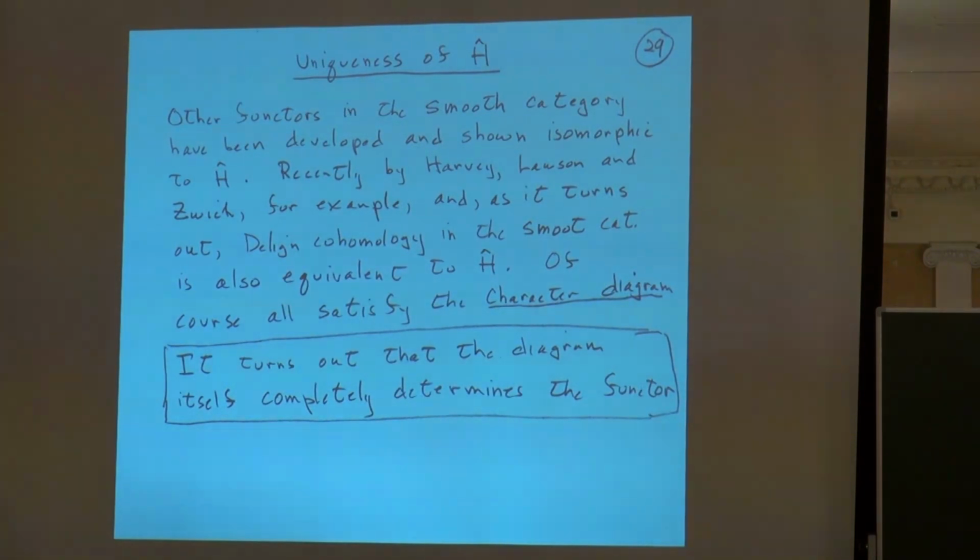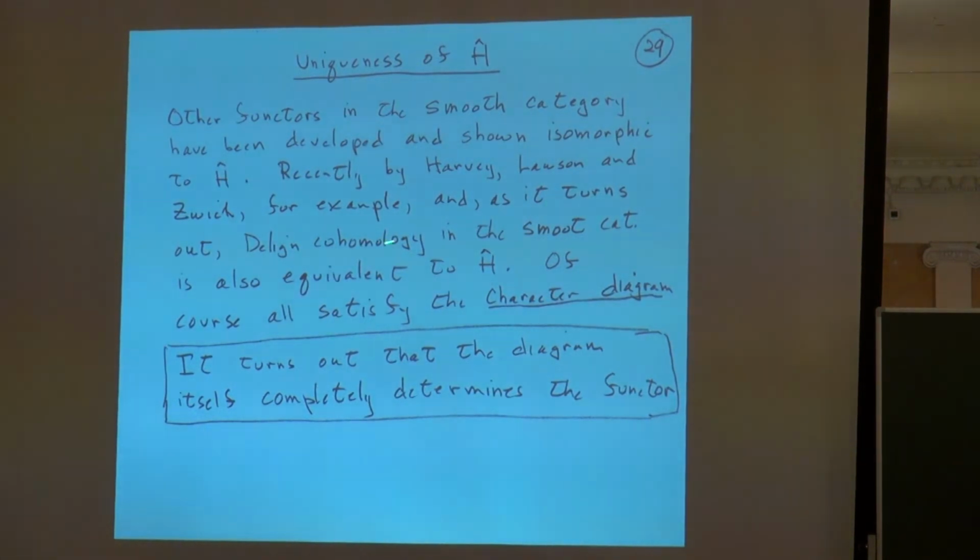There are other functors in the smooth category that have been developed and that are isomorphic to H hat. And they've all been isomorphic. Harvey and Lawson and this guy Zwick made up some such functors. But in each case, they showed that this is really isomorphic to H hat.